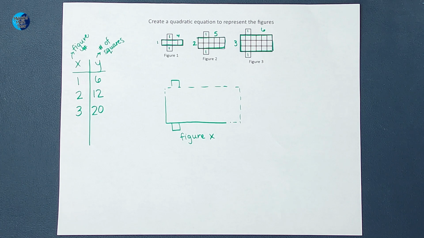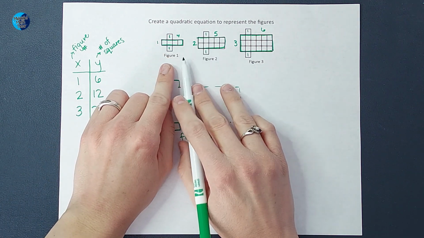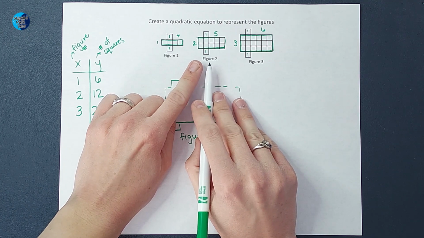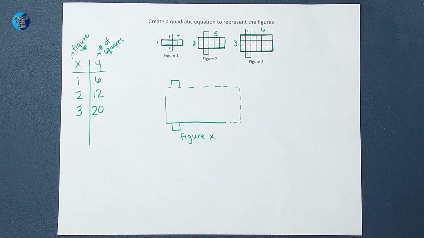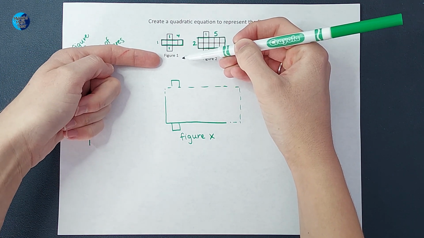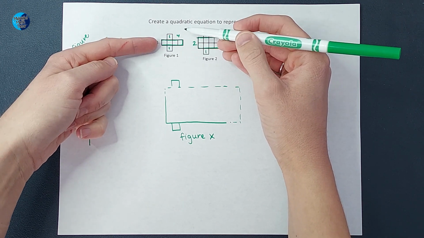All right. So one thing that the gentleman who made that video that I linked below said is a lot of times we try to relate figure 1 to figure 2, figure 2 to figure 3, right? And it's a good effort, but what we actually want to do is relate the figure number to the dimensions, okay?